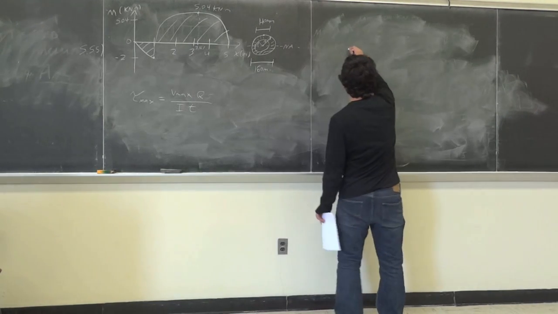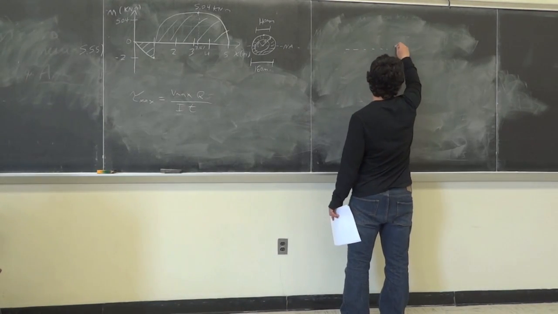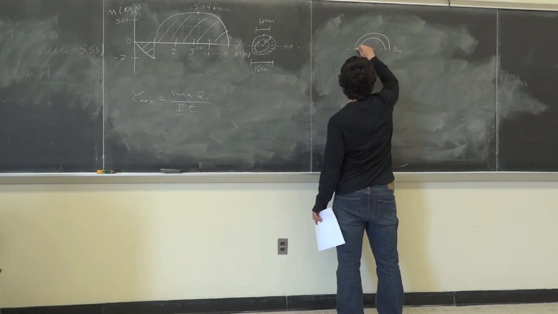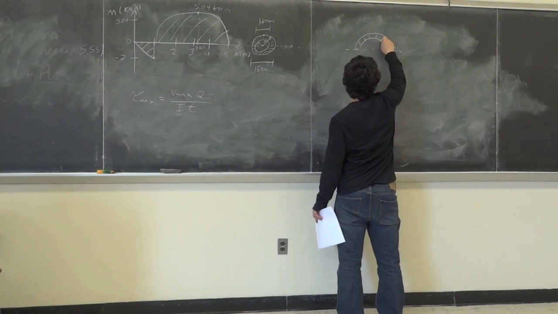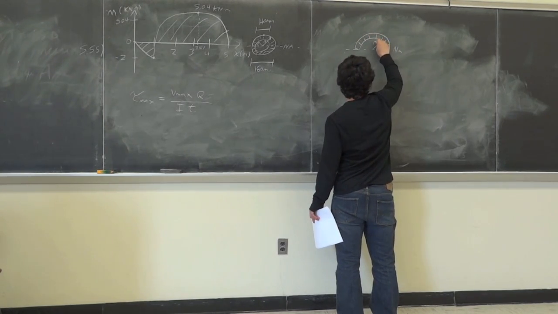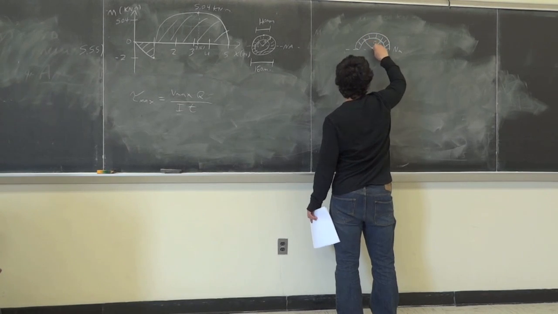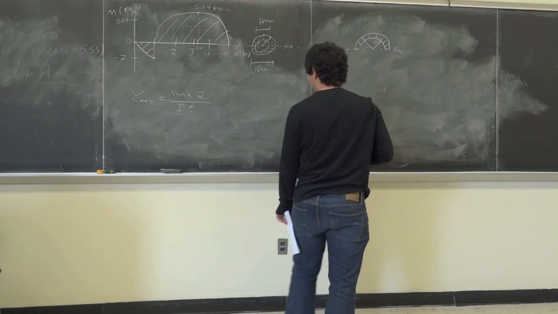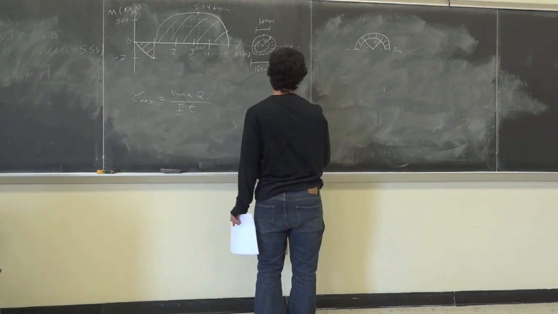So this is NA, the neutral axis, and we have to find the Q in this section. This is the inner radius, this is the outer radius. So we want to find Q of that section.